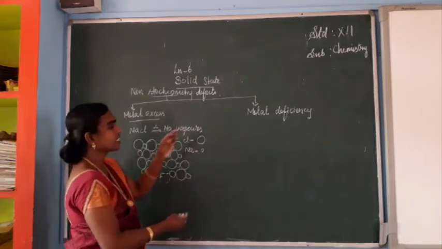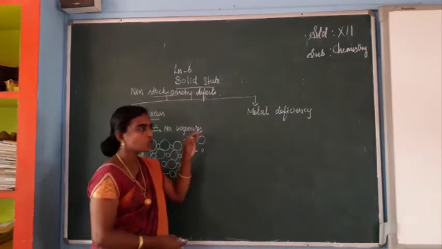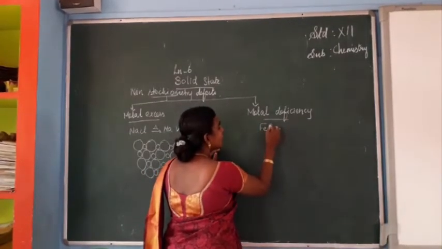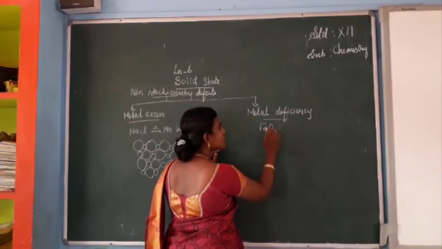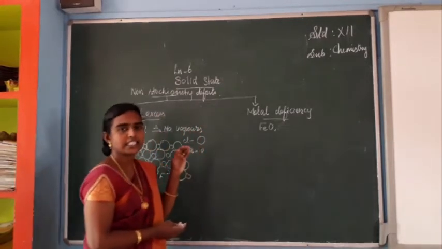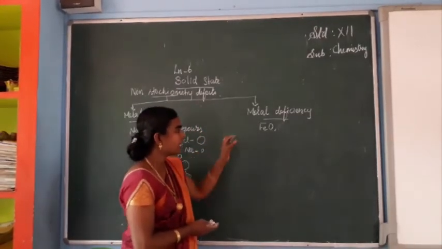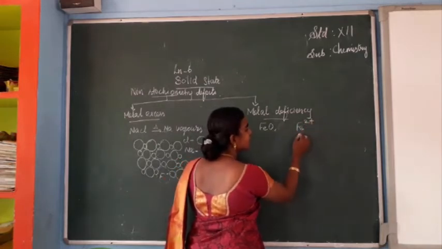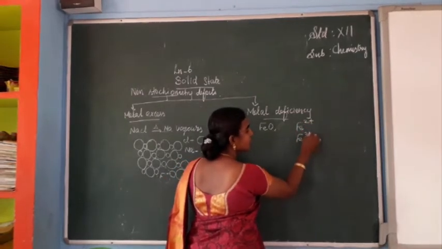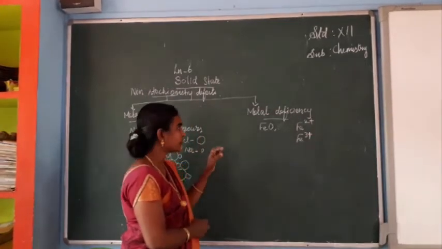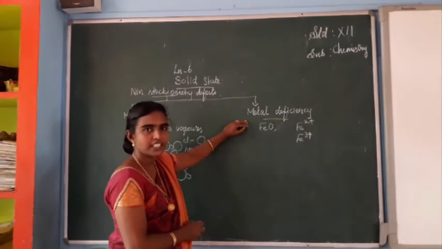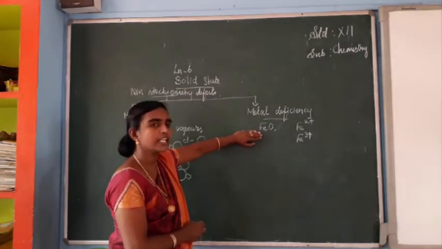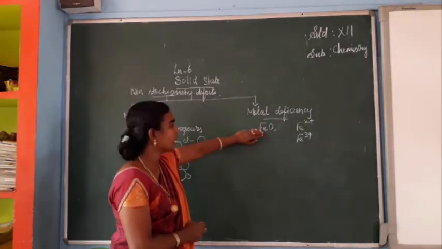Next we can see metal deficiency defects. This type of defect can be expected in compounds having variable oxidation states. Here Fe can have the oxidation state of 2 plus, and the same way it can have 3 plus. So metal deficiency defect is possible in metals having variable oxidation states. Take FeO.